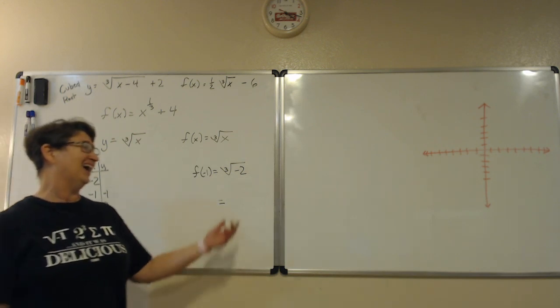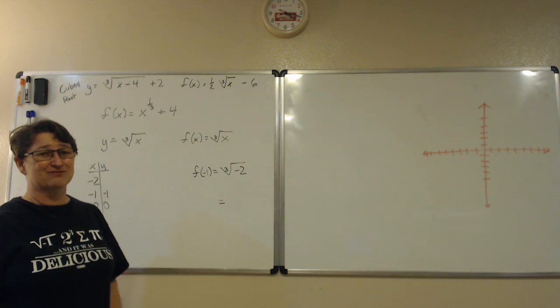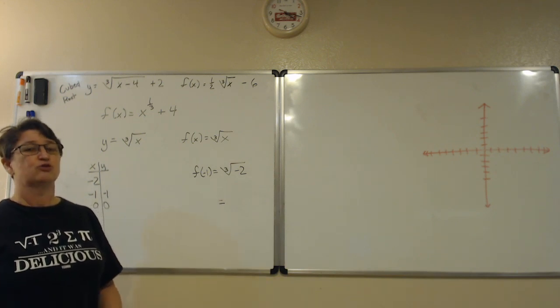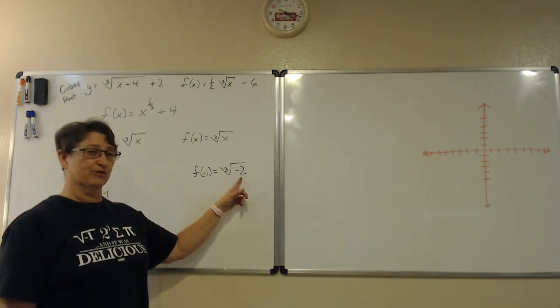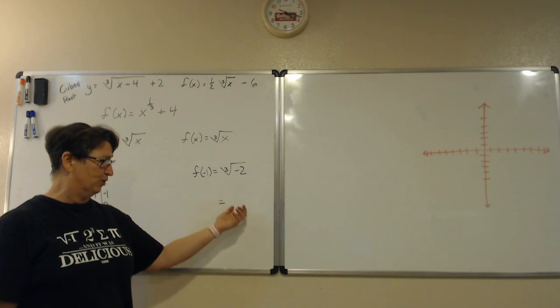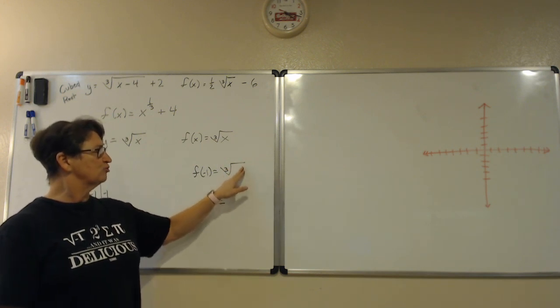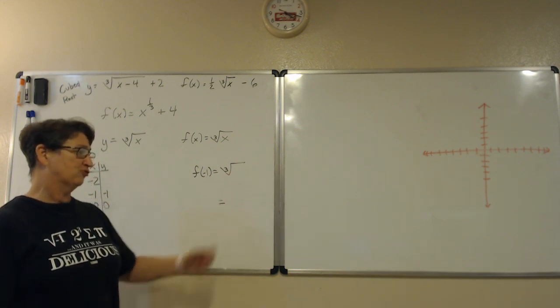It turns out it's just not a pretty number. So instead, I want to think about what would be a pretty number that I could put in that would get out a pretty number. In other words, what can I take the cubed root of that I'm going to get out a nice integer, a nicer number?